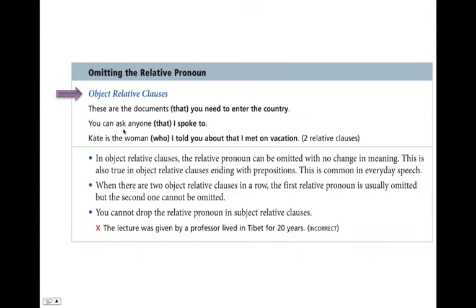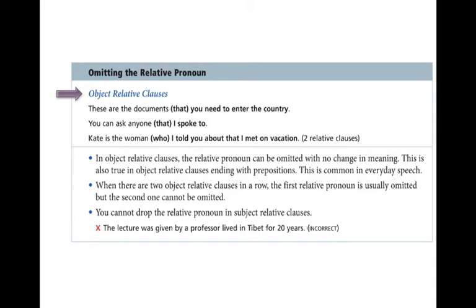Here's another one. You can ask anyone that I spoke to. You can ask anyone whom I spoke to. You can ask anyone who I spoke to, or leave it out completely. You can ask anyone I spoke to. I, subject, spoke, transitive or intransitive. Can you identify this verb? Is it transitive or intransitive? It's intransitive. How do you know that?